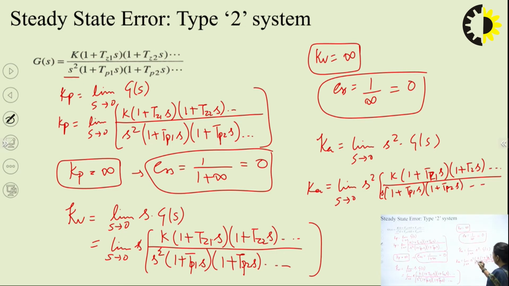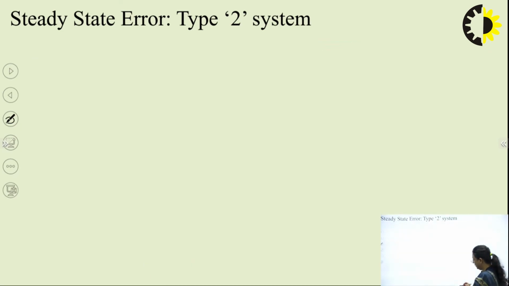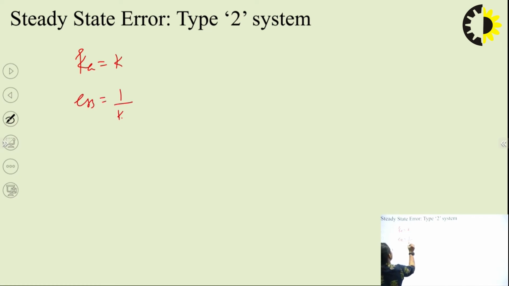Here I am having s square also. So the s square now gets cancelled, and the value of Ka will be equal to K. So since Ka is equal to K, the corresponding steady state error will be equal to 1 upon K.